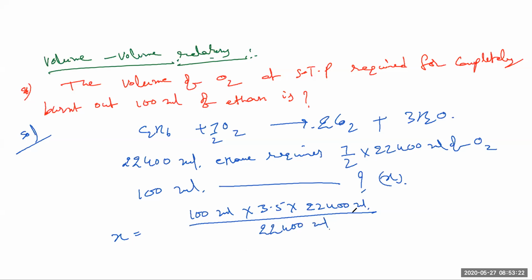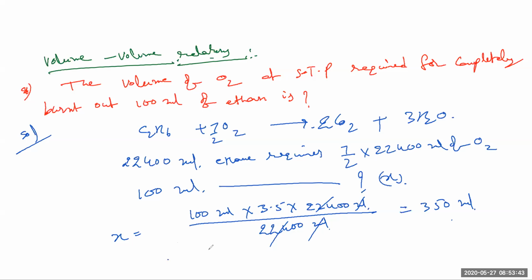The ml cancels, 22,400 cancels. 3.5 into 100 is how much? 350 ml.